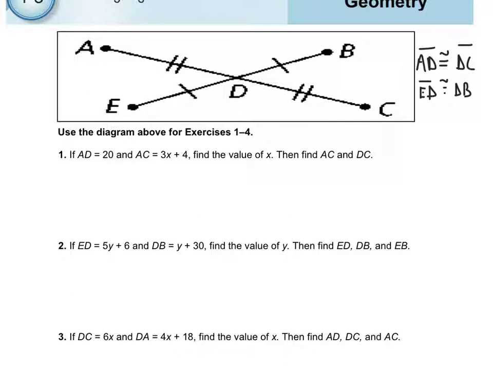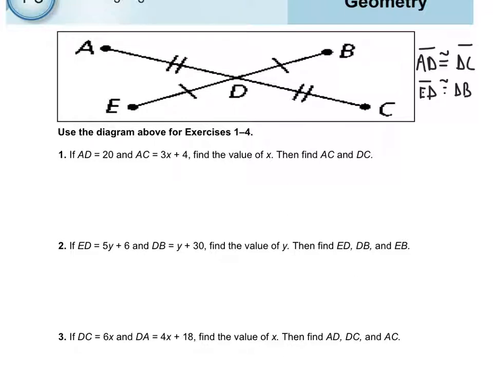Okay, so in the first example it says if AD is 20, so AD is right here, that's 20 units long, and AC, that's the whole segment, is 3x plus 4, find the value of x. Then find AC and DC. I want to find out how long those two segments are.